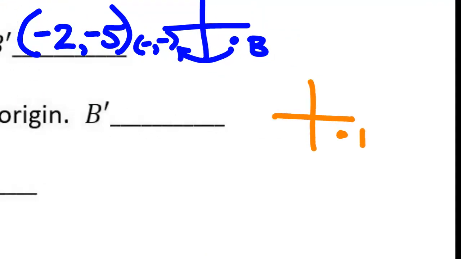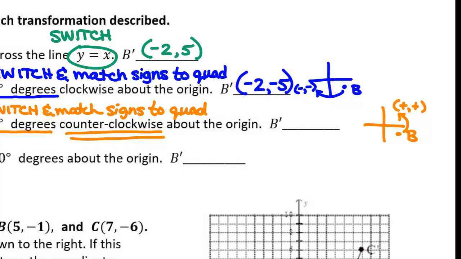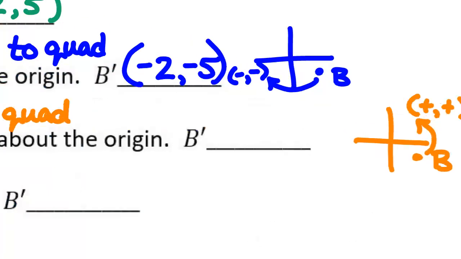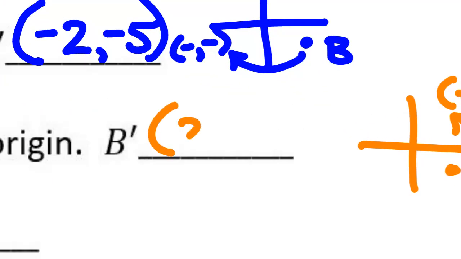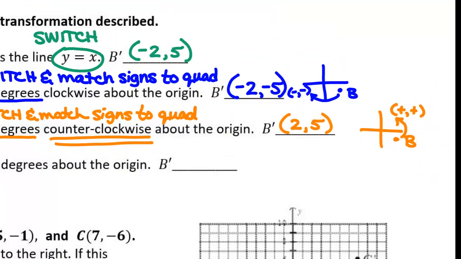Again, (5, -2) is down here. Here's my point B. Counterclockwise, the opposite direction of a clock, would send me up here into quadrant 1, which is a positive quadrant. So I'm switching the 5 and the -2 around, and everybody ends up positive in the end because we're landing in a positive quadrant.